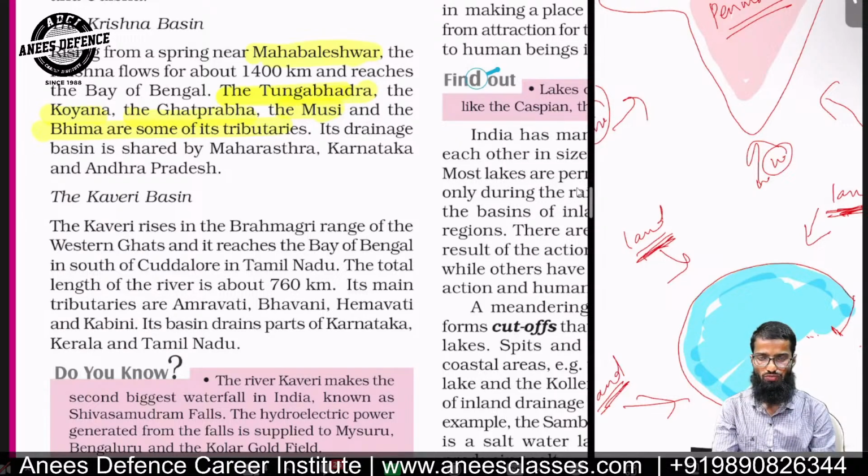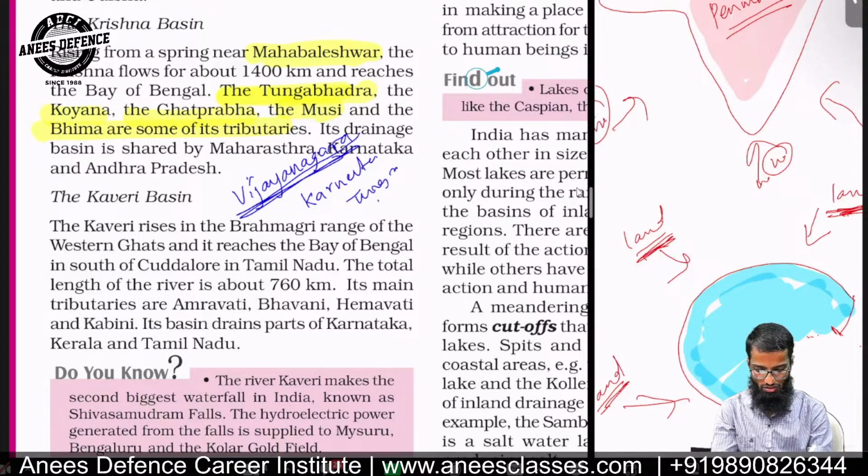Tungabhadra and Krishna rivers form a doab, which you will study when you learn about the Vijayanagara Empire. It's one of the famous empires of Karnataka. So it was between the Tungabhadra river and the Krishna river. Krishna and Tungabhadra. Remember that.